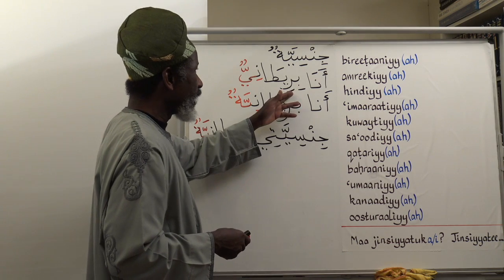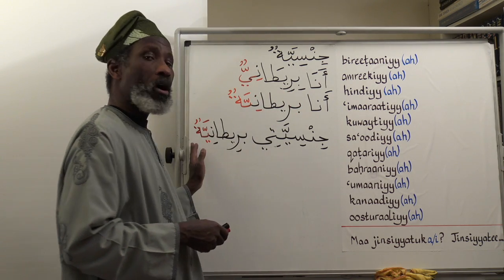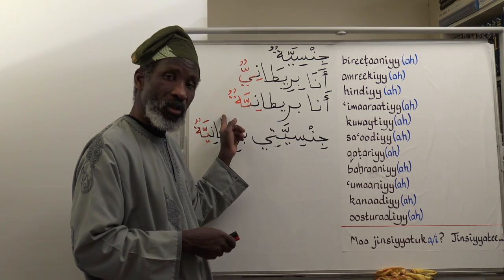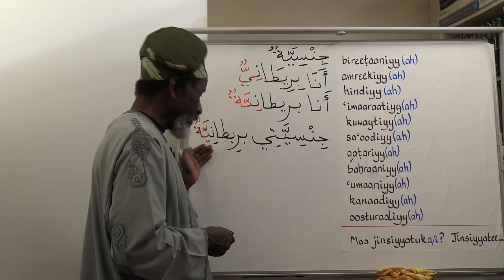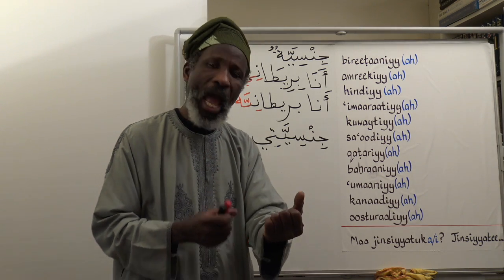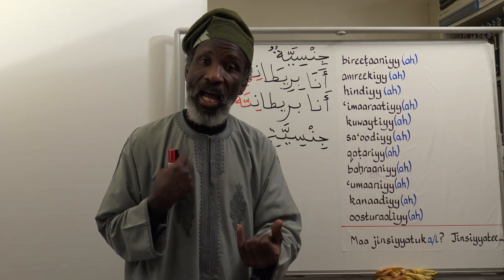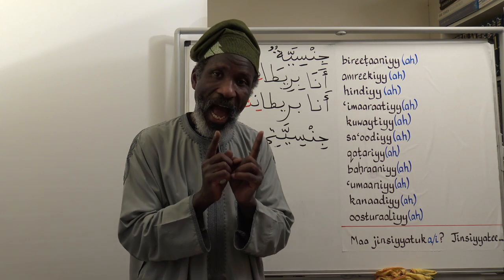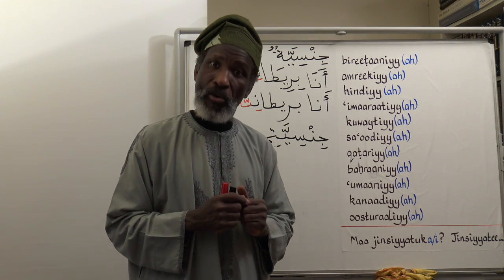So, Ana Britaniyun. Jinsiyati Britaniyatun. A female will say Ana Britaniyatun, and also she will say Jinsiyati Britaniyatun. So there are 3 ways now. Where are you from? You can say, Ana min Britannia, that's the name of a country. I am from Britain. Are you British?